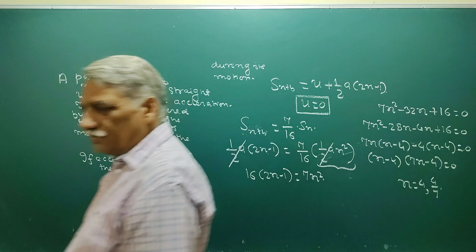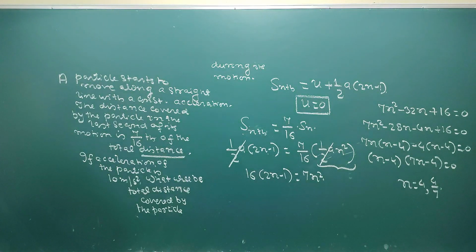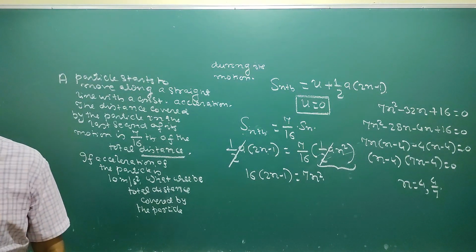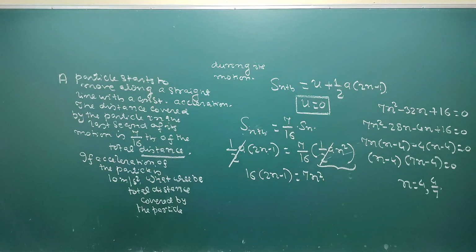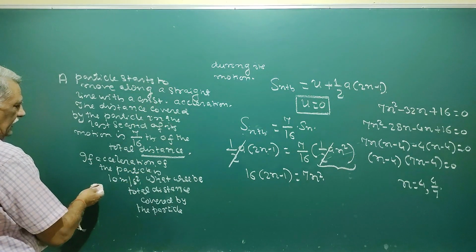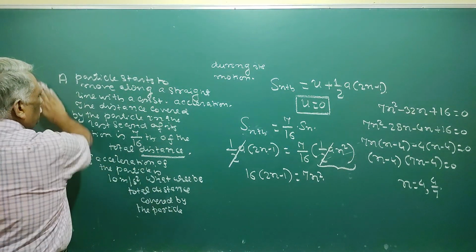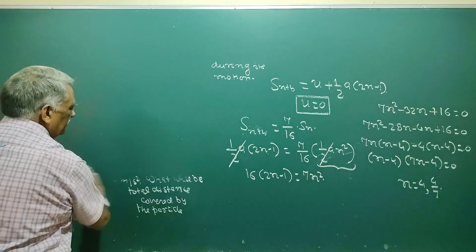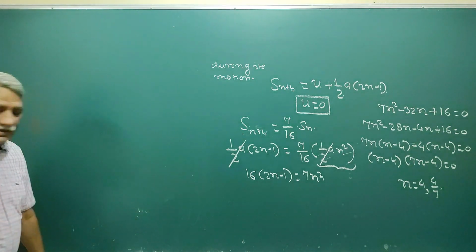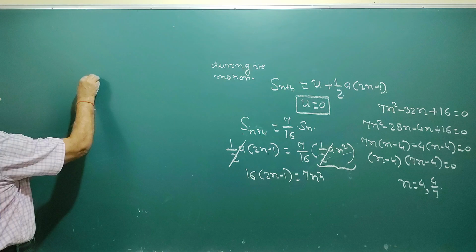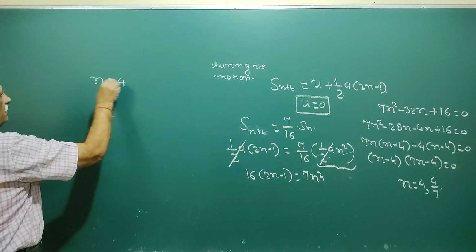The value of n will be an integer. What is the question asking for? The total distance covered. n is equal to 4 is the acceptable value.